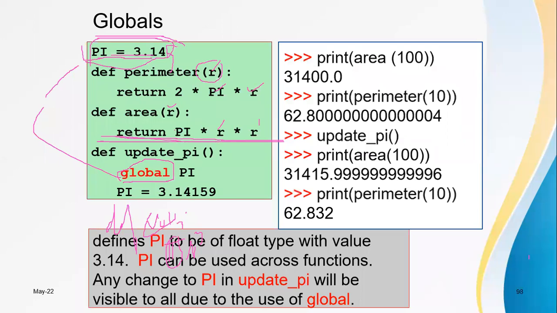To update it, I have given you global pi, global space pi. Now my pi value, the global value, which was 3.14, is updated to 3.1419. Now when I call these two functions, area and perimeter, again, I am getting a new answer. This is called global, and this is how I can update the global then and there.